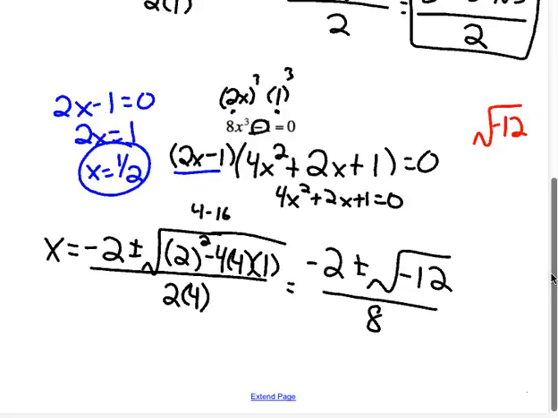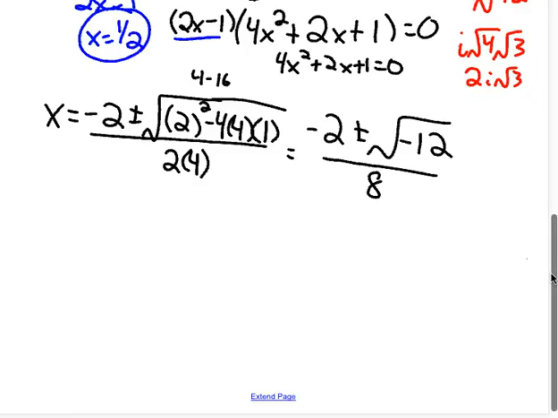I like that it's negative because I know that's going to give me the imaginary solution I'm looking for. And I see that it simplifies. Okay, 4 is a perfect square that pulls out of 12. So I break it down like that, and so that is going to give me 2i square roots of 3.